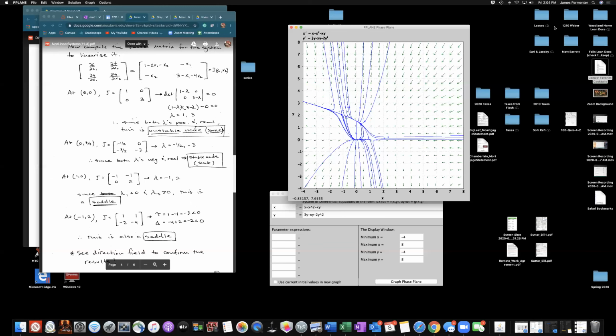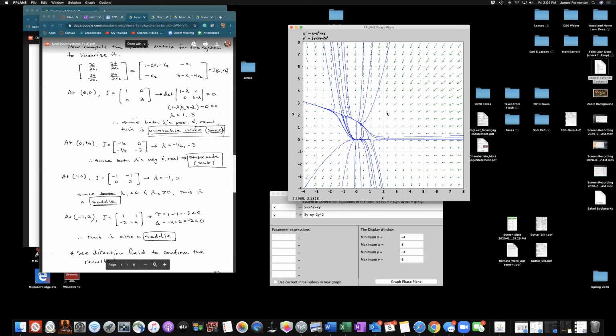I see there's something happening in the chat here. Sources and nodes. Teresa, there's two different kinds of nodes. There's a stable node and an unstable node. A stable node is another word for a sink, and an unstable node is another word for a source. So basically the way you should think about stability is if you're close to your equilibrium but not on it, if you get pushed away from it, you're unstable.